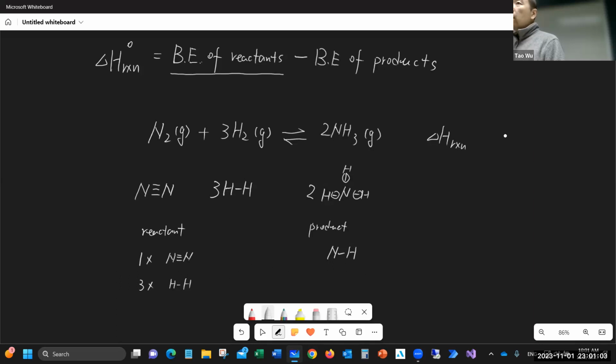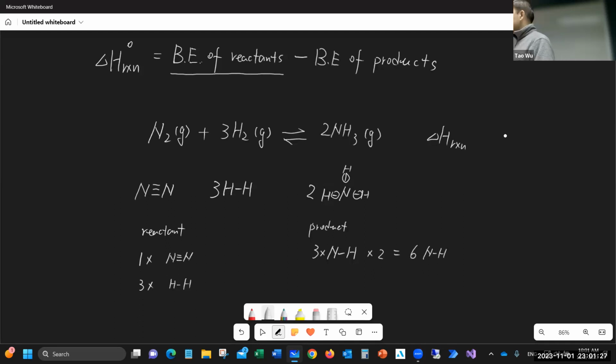So for 1 ammonia, we have 3 nitrogen-hydrogen bonds, and since we have 2 ammonia, you also times 2. So in total we have 6 nitrogen-hydrogen bonds.